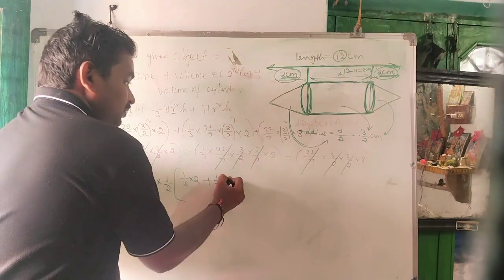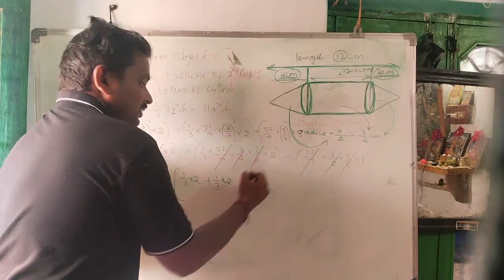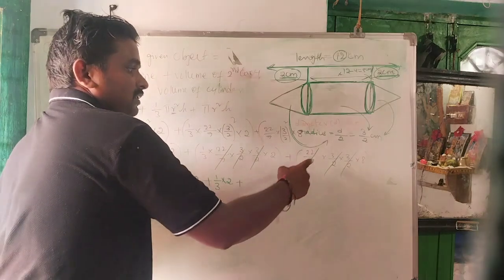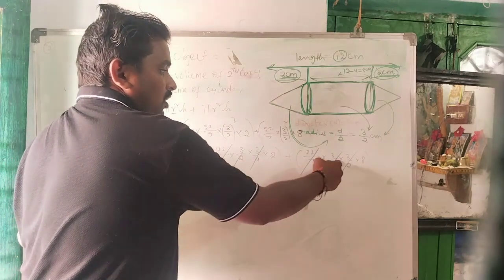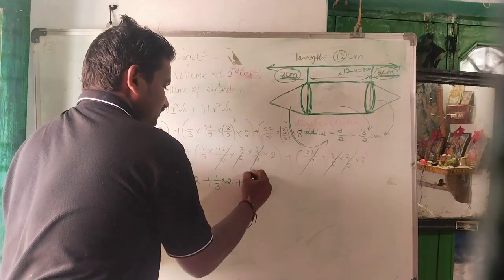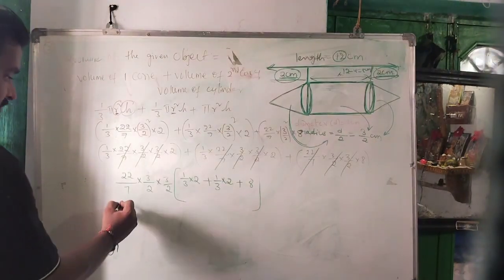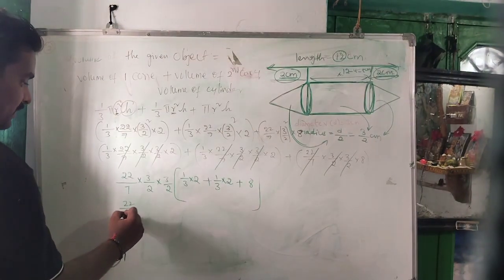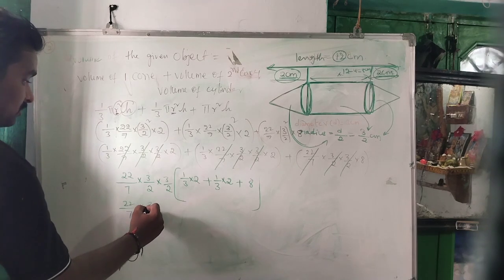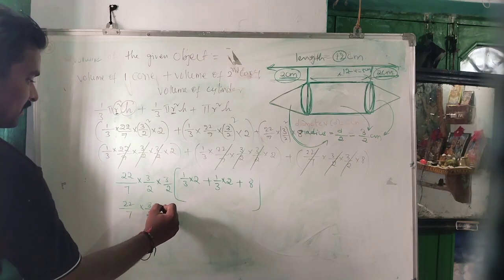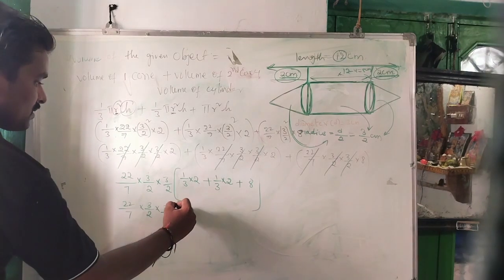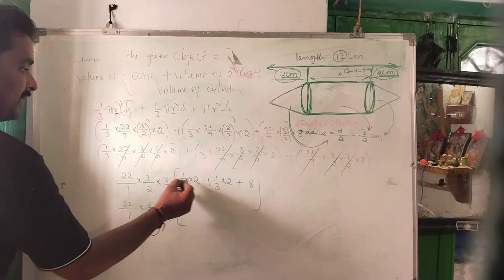Only 1 by 3 into 2 is left. Next, coming to the third group, which one is left? 22 by 7 common. Only 8 is left. According to the BODMAS rule, first we solve the bracket values. So 22 by 7 into 3 by 2 into 3 by 2 into 1 by 3 into 2.